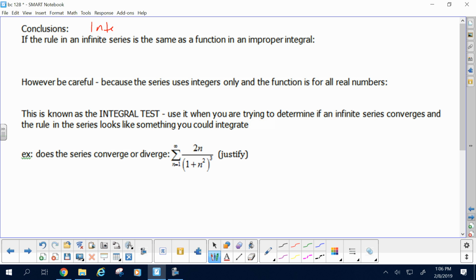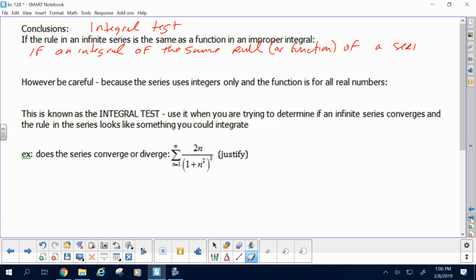The integral test goes something like this. If an integral of the same rule or function of a series converges.